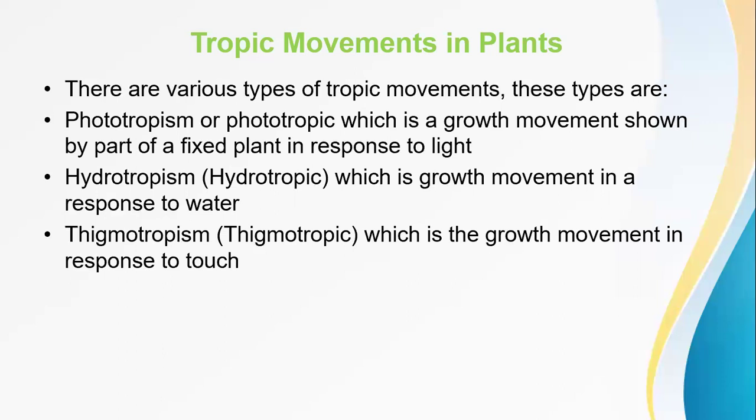Now, the other one is hydrotropism or hydrotropic, which is growth movement in response to water. The third one is the thigmotropism, or just thigmotropic, which is the growth movement in response to touch.